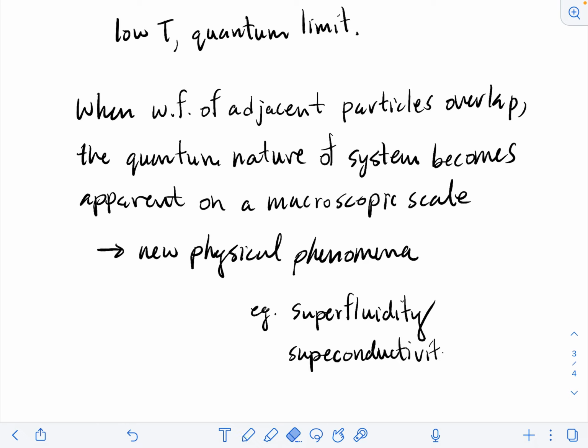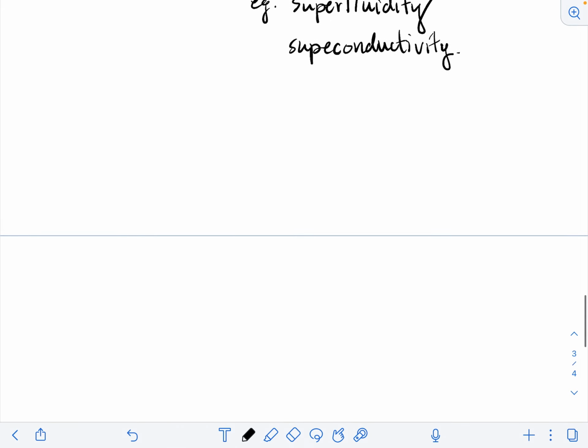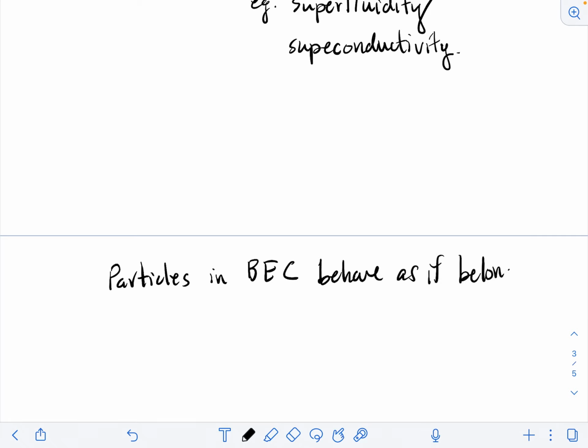So what happens when the wave functions of individual particles overlap is that the particles in a Bose-Einstein condensation behave as if belonging to a single macroscopic wave function.